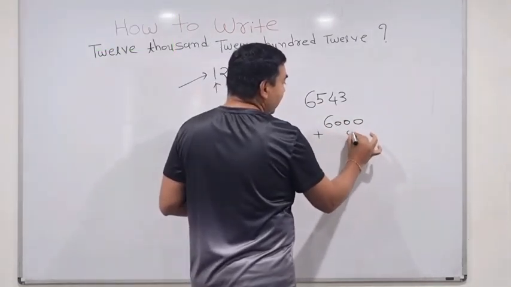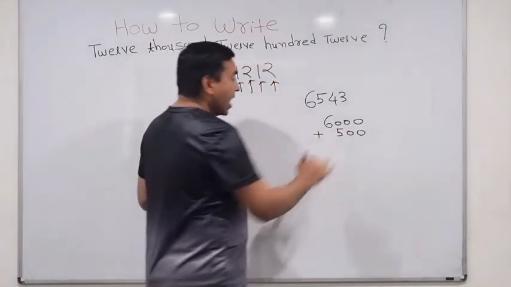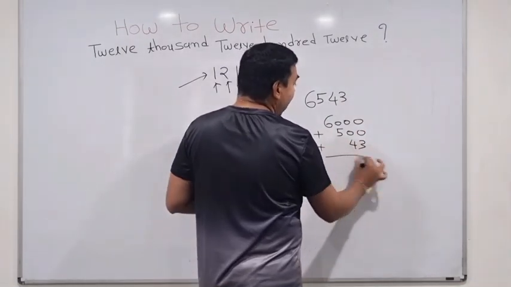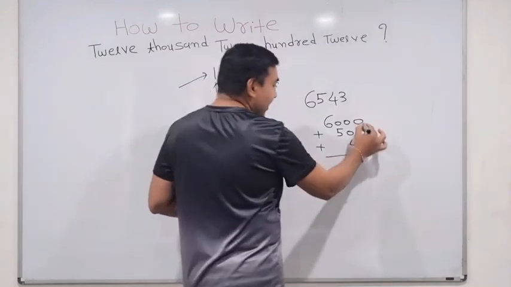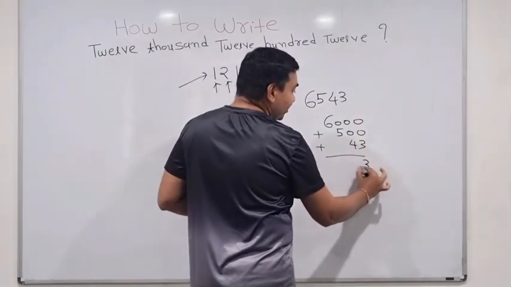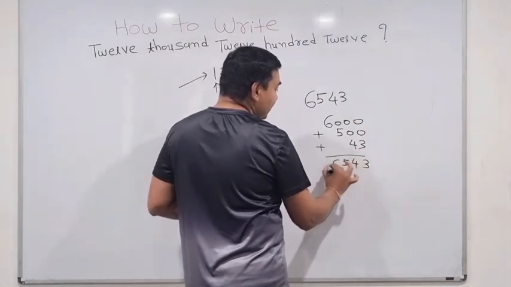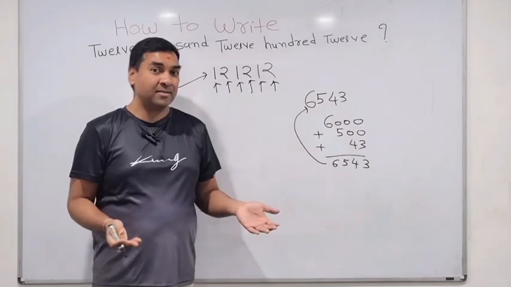So because 100, I can put down 2 zeros and 5 here, which is 500. And then 43. So 43, I can add them up as well. And whenever I just plus them all, what do I get? I get like 0 plus 0 plus 3, which is 3. This is 4, this is 5, and this is 6. So I always get my original number back, guys.